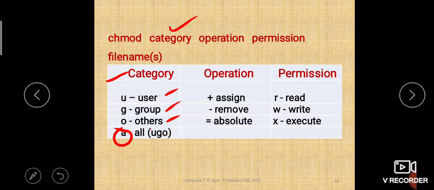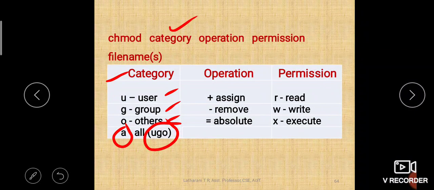And if you want to change some permission for all of them, then you can give either UGO or simply say A. A means all. UGO is all categories, so you can say A, representing all.